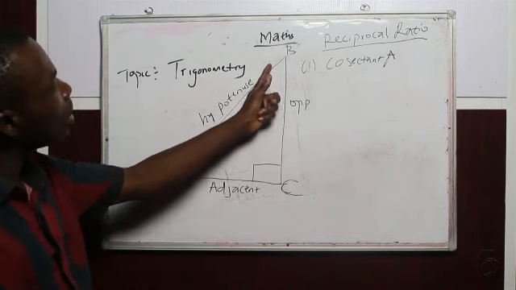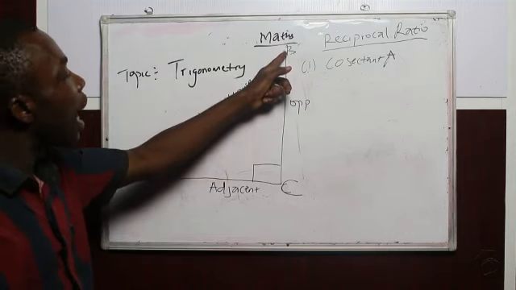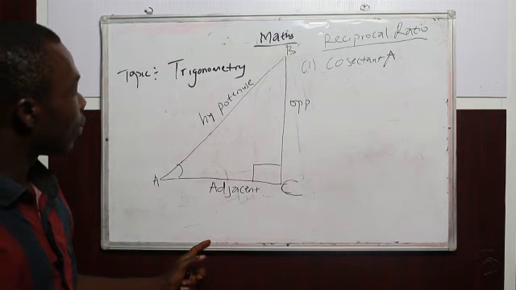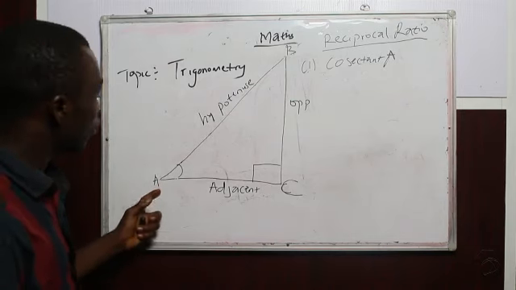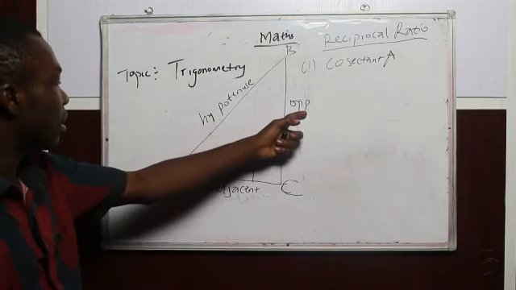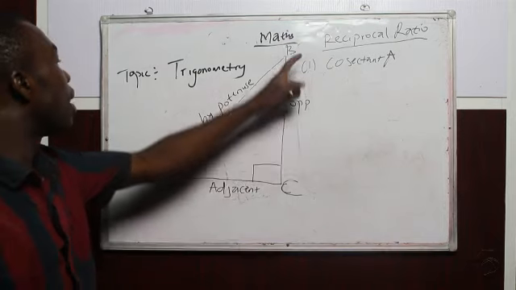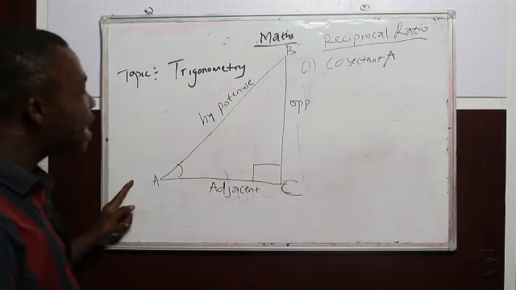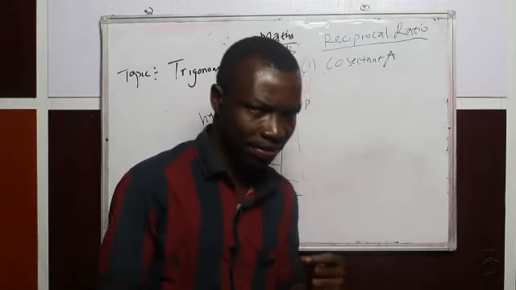We can also consider angle B, but as it faces the other side, that would be its opposite side. We consider angle A to be equal to opposite because this angle is facing this side. That's why I call it the opposite, while the hypotenuse side of any triangle is the longest side.